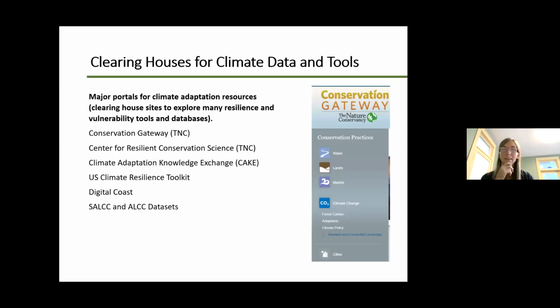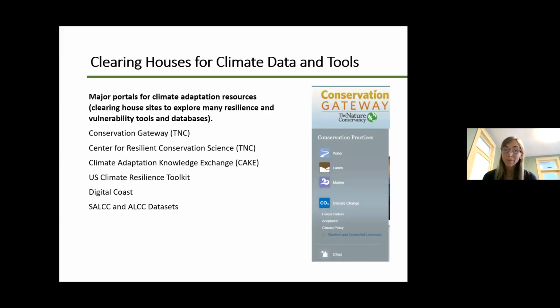And as I mentioned, there are so many different sources of climate data and tools. There are major portals available where we can access some of this conservation science. We have the Conservation Gateway with the Nature Conservancy.